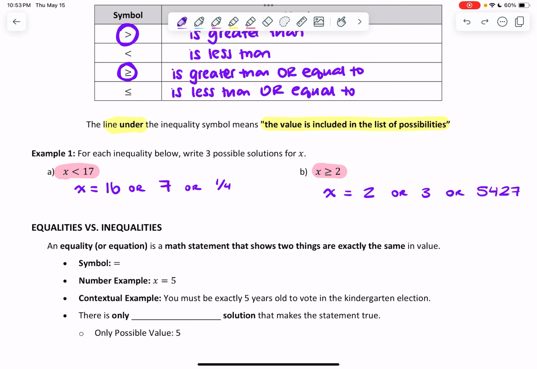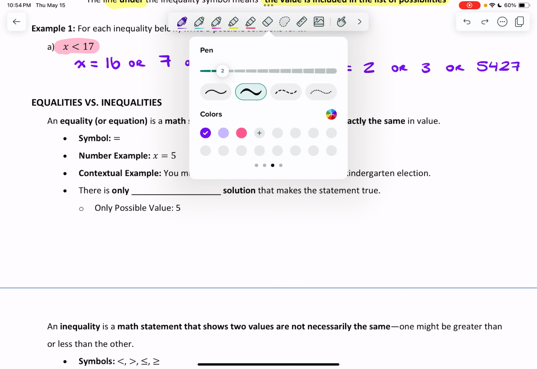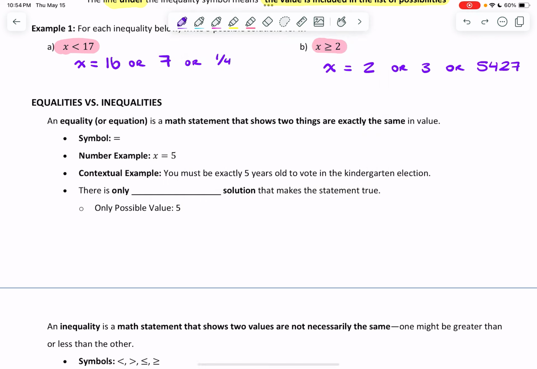Okay, now that we've gone through some definitions here and we can understand some symbols a little bit better, we're now going to compare equalities versus inequalities. An equality, also sometimes referred to as an equation, is simply a math statement that shows that two things are exactly the same in value. The symbol that we use is an equal sign. A numerical example could be x is equal to 5.